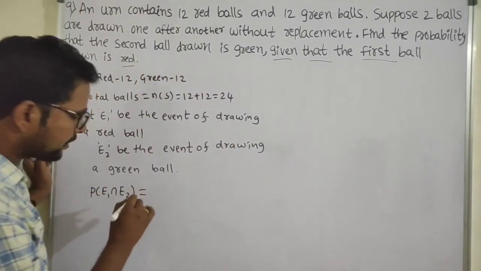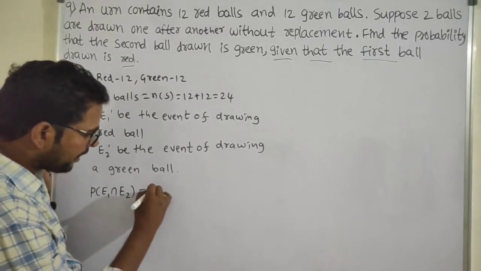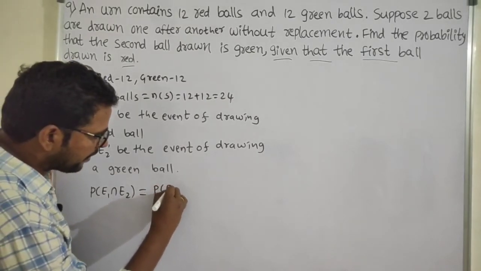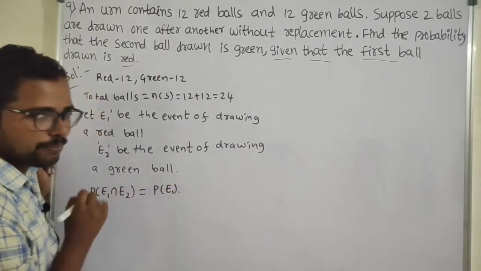So first, by using the multiplication theorem, P of E1 is selecting the first ball, a red ball.